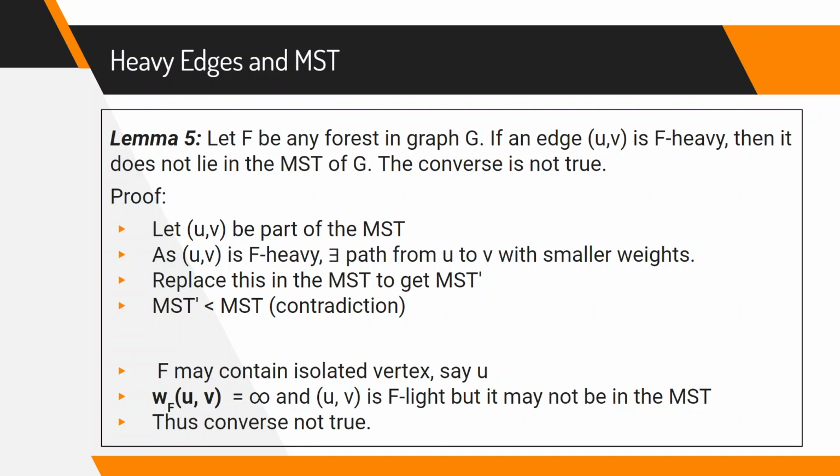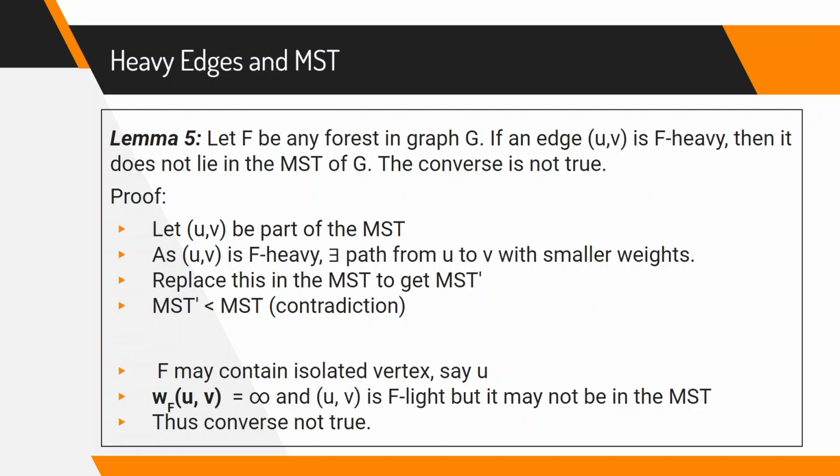Now, you have been given a forest in graph G. Now, let u comma v be part of the MST. As u comma v is F heavy, there exists a path from u to v with smaller weights. Now replace this in the MST to get MST dash.